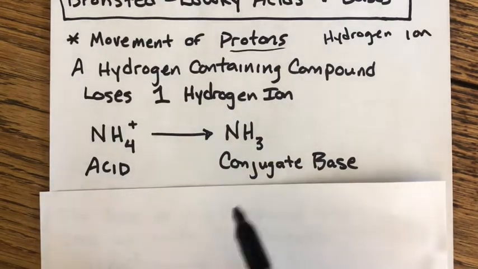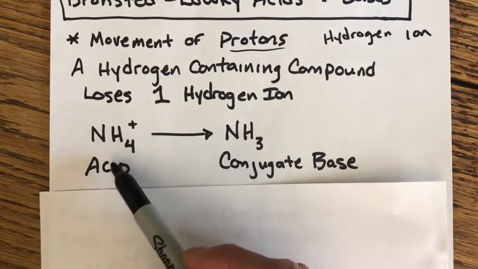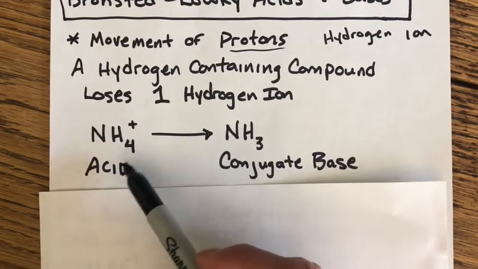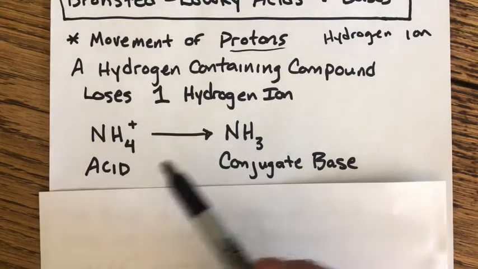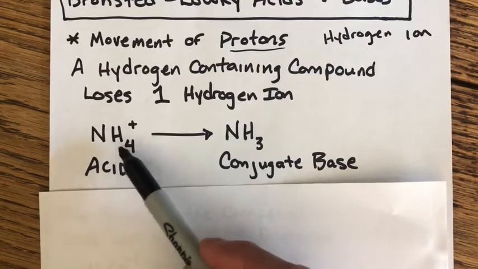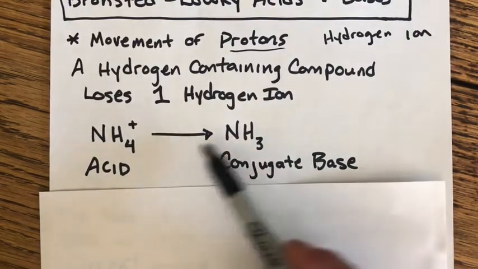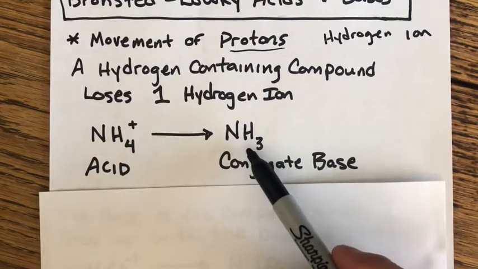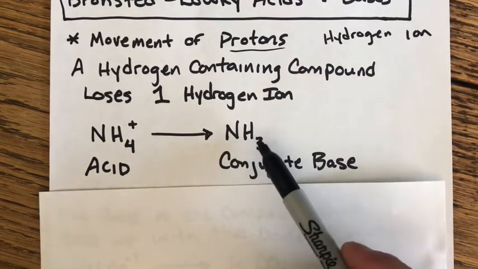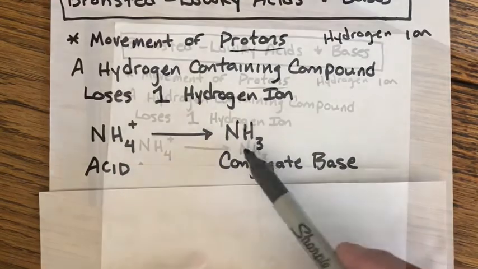Okay, so take a look here. This compound here is an ammonium ion, NH4, that's a +1 oxidation state. Over the course of a reaction, let's just pretend that that ammonium ion loses one of its hydrogen ions. So the only change to the formula is that the amount of hydrogens is lower by 1, right? We went from NH4 to NH3.